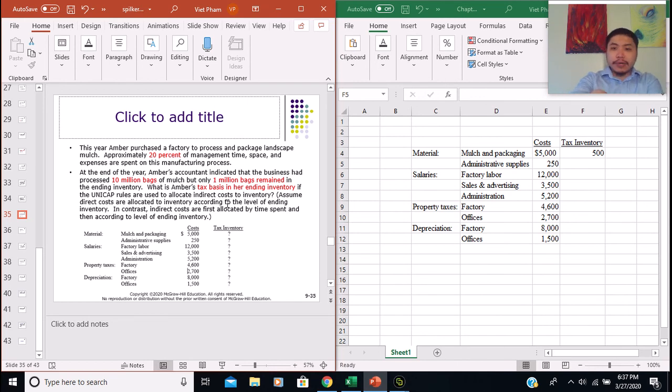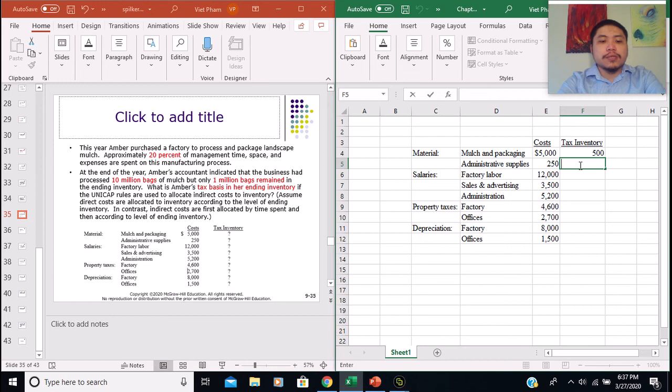And then for indirect costs, now we have administrative supplies. This is an indirect cost. For indirect costs, the problem asks us to use the time spent and the level of ending inventory to account for it. So how do we do it? You may not find this in the book, but the way we do it is to take 250 times first the time spent on the production process, which is 20%.